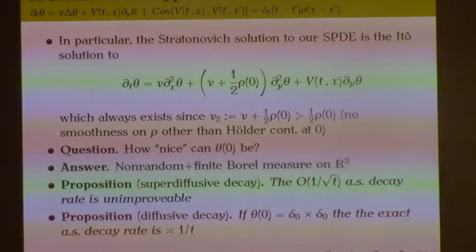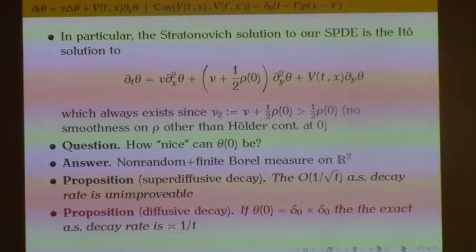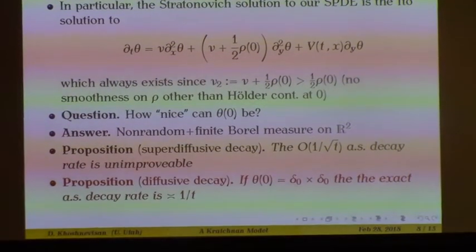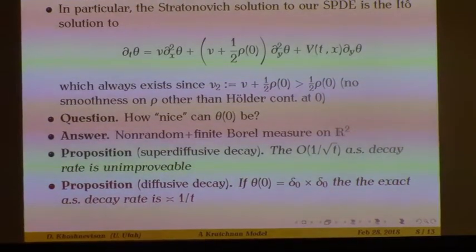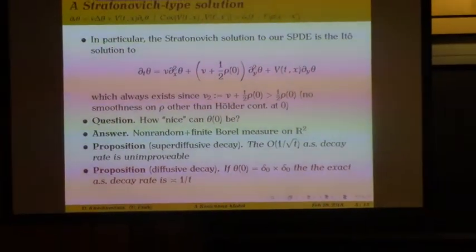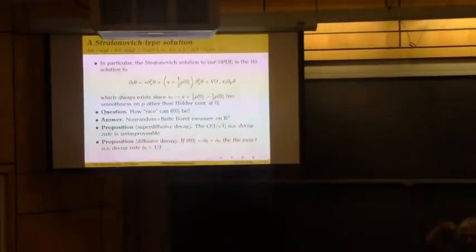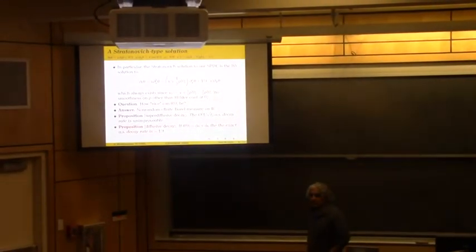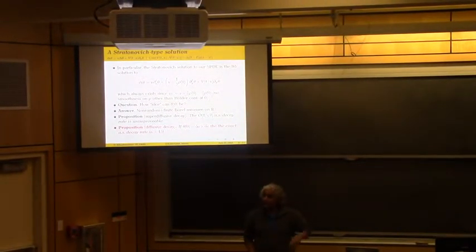On the other hand, if you start from this initial data, which is nice, it's a finite Borel regular measure. It's a point mass. In other words, if you just take at time 0 a droplet of dye and just put it right here, and watch what happens to that droplet of dye as time goes by, then in fact the exact decay rate is of order 1 over t, not 1 over root t. That's diffusion. These are almost sure statements.